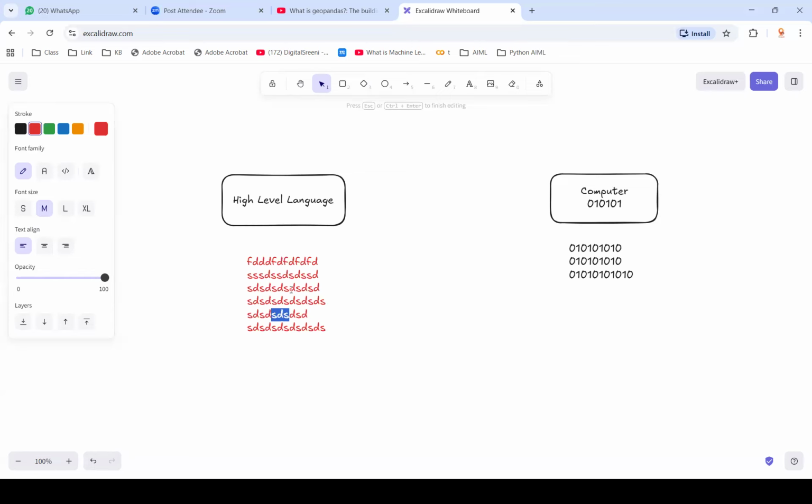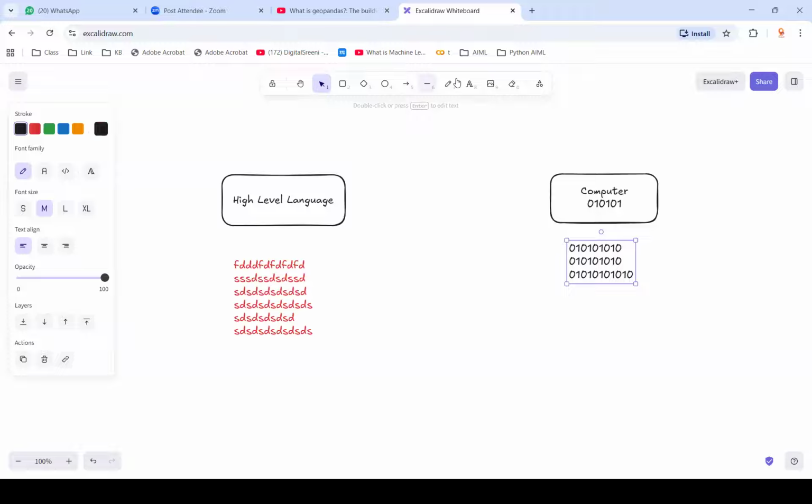At least these four lines have executed and you will get the output of these four lines. On the other hand, the second translator converts this complete program to 010101. So here, if the error is the same and is here, then this complete program will not be translated. This is the pros and cons of the two types of translator.